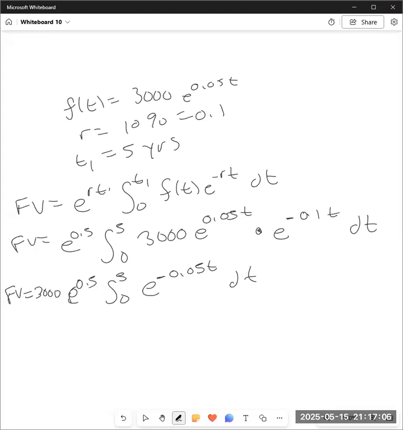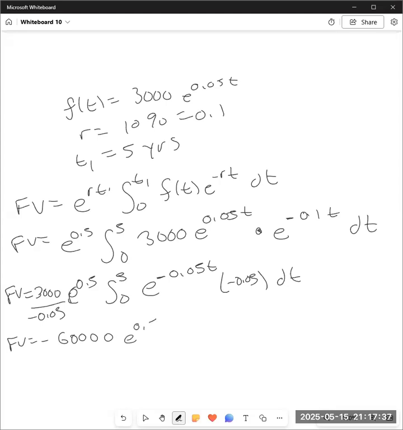So I'm going to have to multiply by negative 0.05 on the inside, divide by negative 0.05 on the outside. 3,000 divided by negative 0.05 is going to give me negative 60,000.